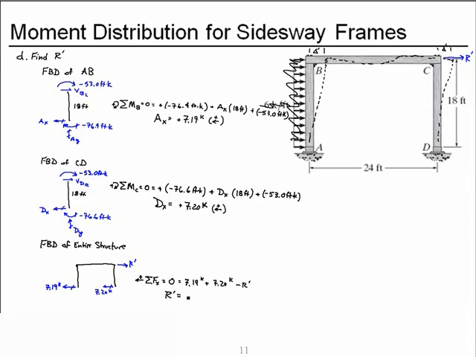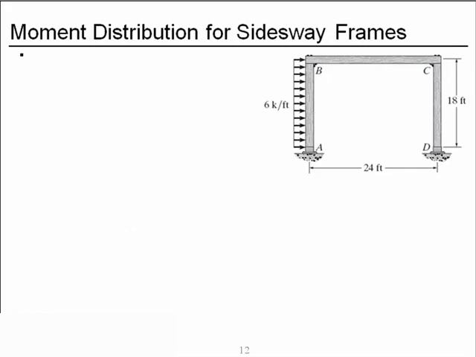R prime is equal to a positive 14.39 kips in the direction drawn. Oops, I just saw a bookkeeping error. This is not node D, but instead node C. But that doesn't affect any of our calculations.